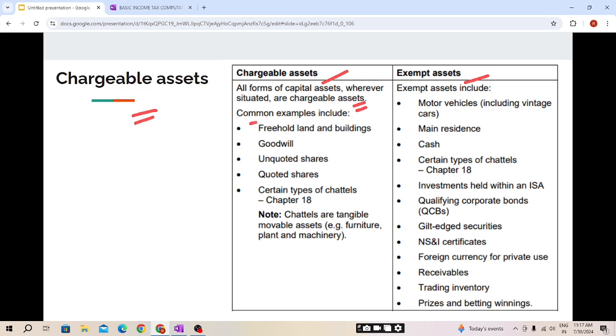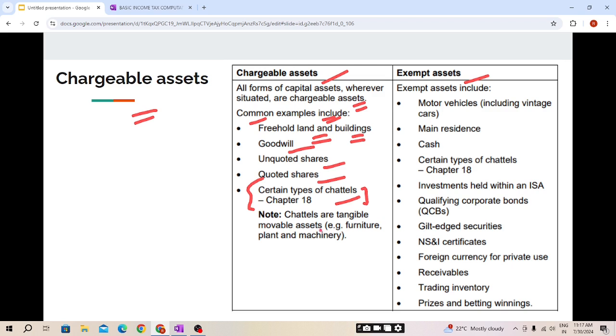Now coming to common examples of chargeable assets: freehold land and building, goodwill, unquoted shares, quoted shares, and certain types of chattels, which we will be covering in chapter number 18.